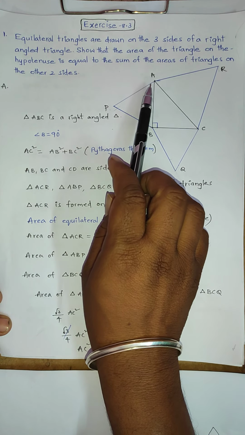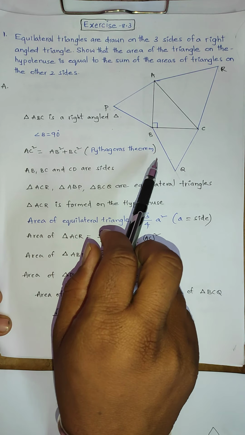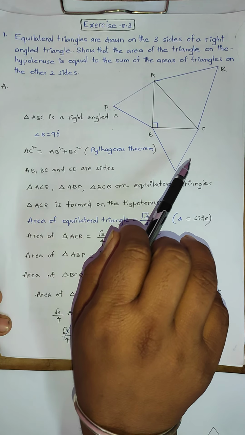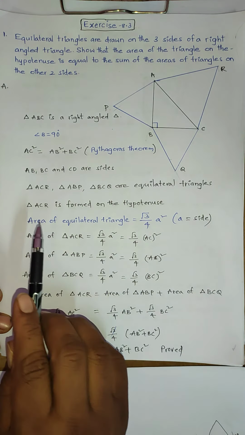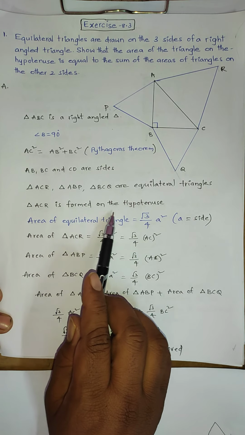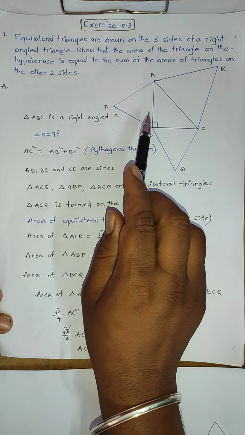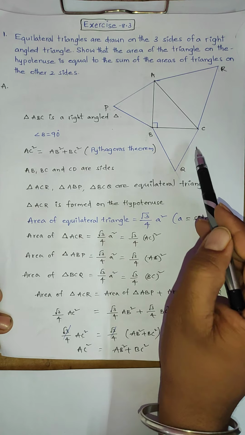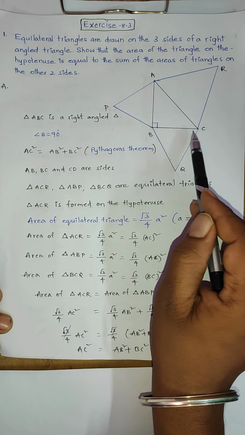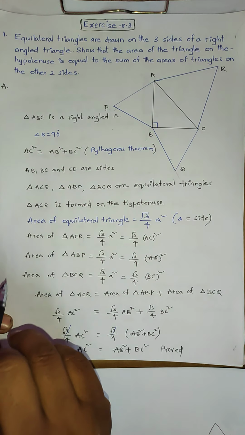So, triangle ACR, triangle APB, triangle BCQ are equilateral triangles. Triangle ACR is formed on the hypotenuse. Triangle APB is formed using perpendicular AB. Triangle BCQ is formed using the base side. All these triangles are equilateral triangles.